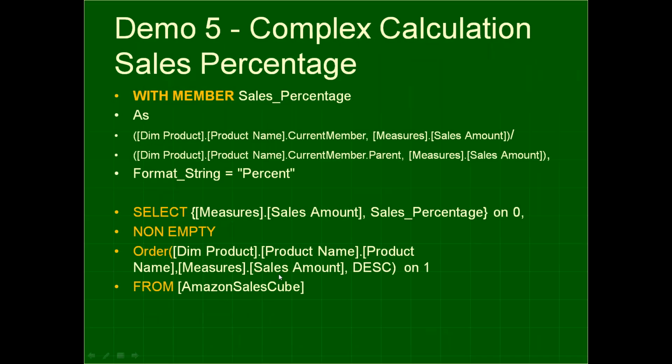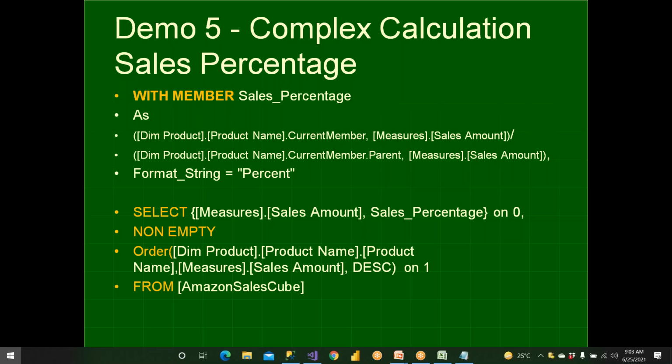Clear? Now, I would like to have complex calculations on the sales percentage. If I wanted to get the sales percentage, how do I get it? Can you tell me? If I wanted to get the percentage of the sales, I would like to get my sales based on the dim product sales.